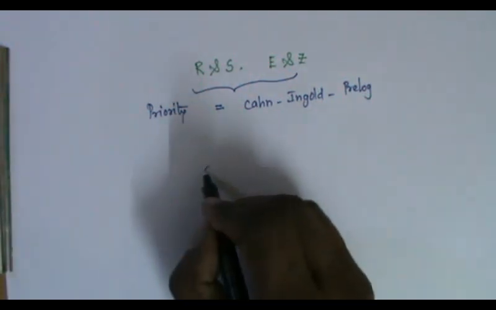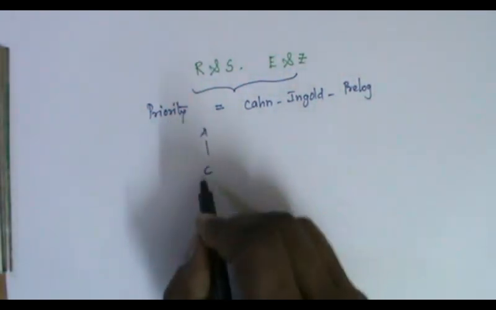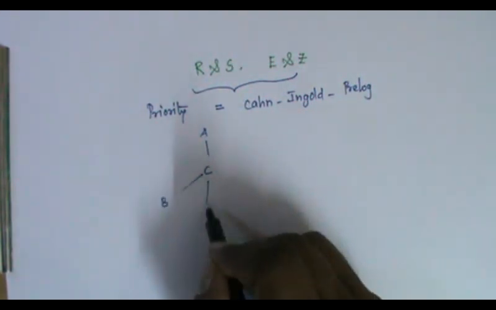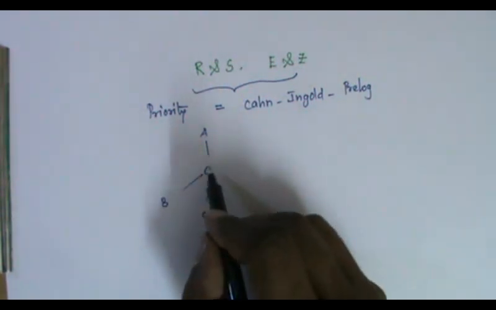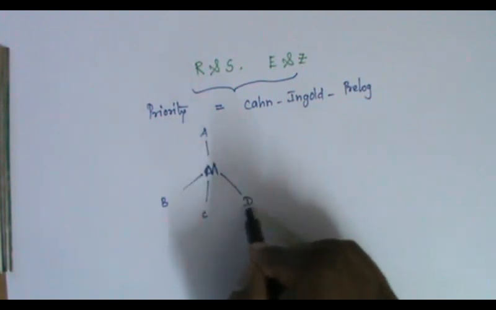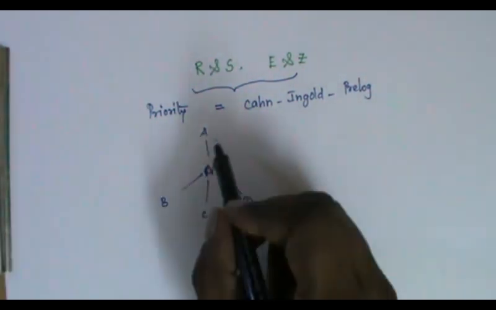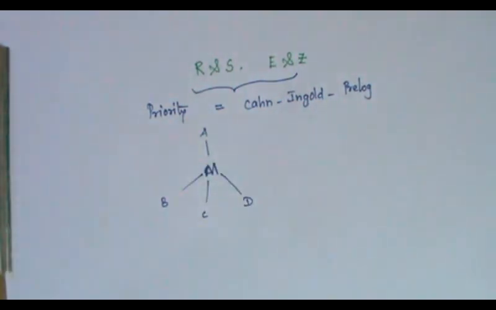Consider a chiral molecule which has, say, this is some atom M, and groups A, B, C, D. Now all are different, so this is expected to be chiral. There won't be a plane of symmetry.